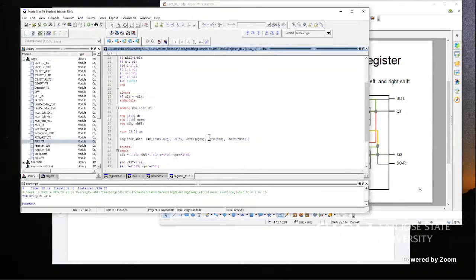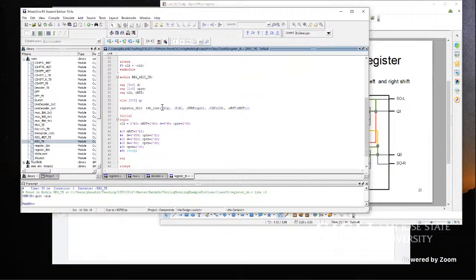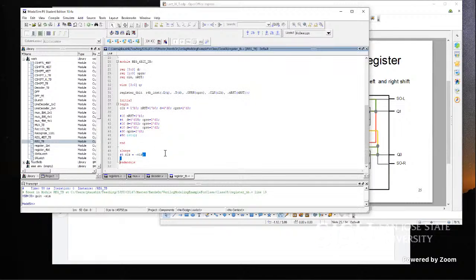Okay, now let's look at the register test bench. So I have this clock, which I think you guys are familiar with, and each 5 nanoseconds it toggles. We instantiated that 4-bit register into our test bench, driven by a 4-bit D, 2-bit operation, and 1-bit clock and negative reset.